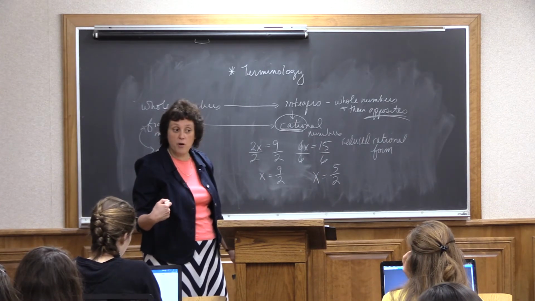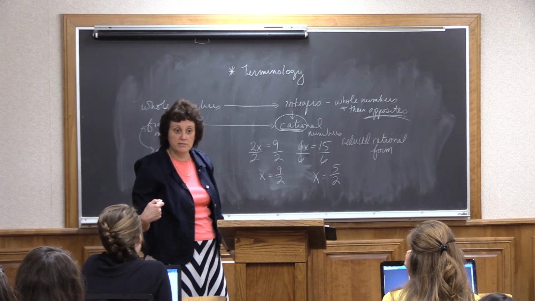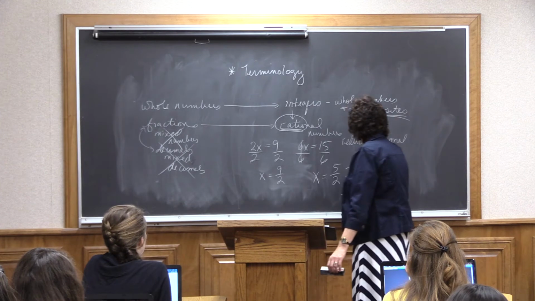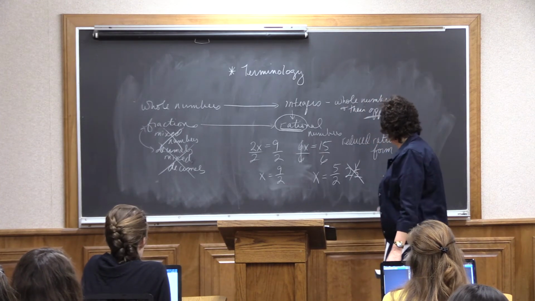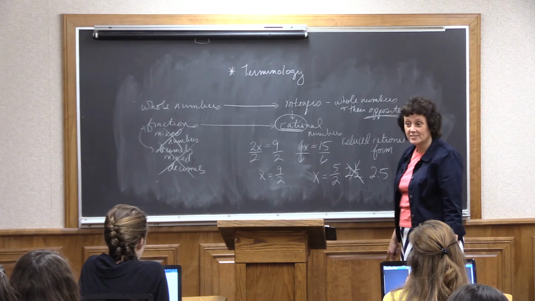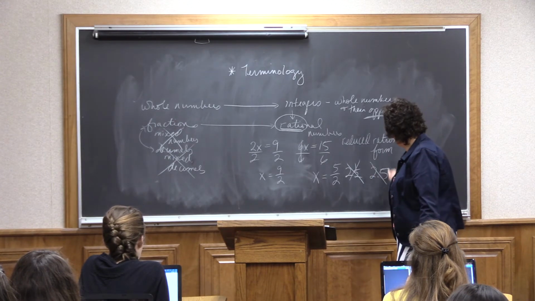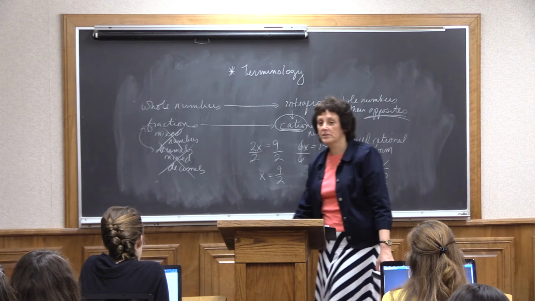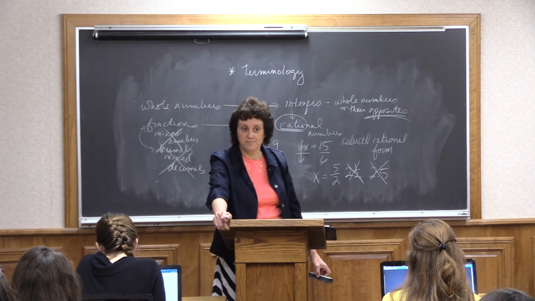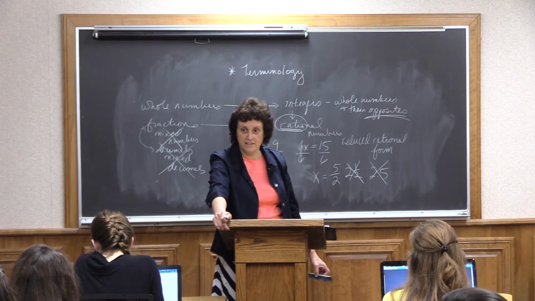I start marking them wrong, and I mark them wrong in Algebra 1. I do not accept this, and I do not accept this. That's not how algebra is done or expressed. So let's learn the little details from the very beginning.